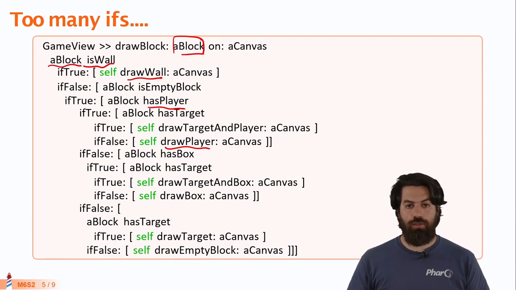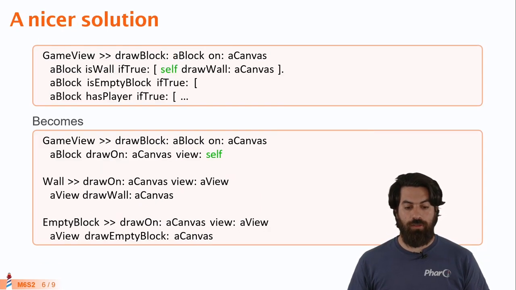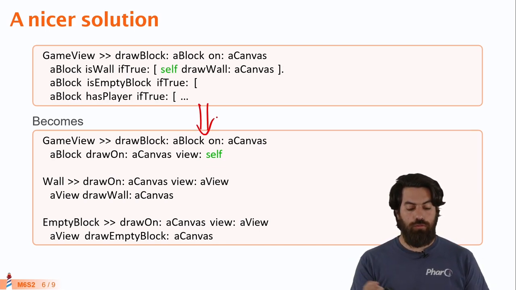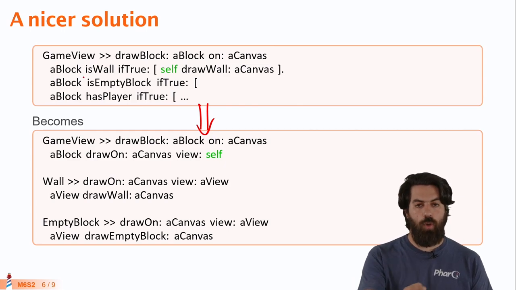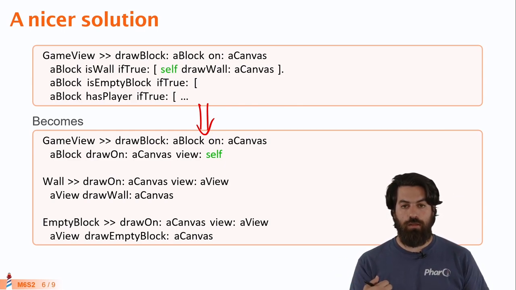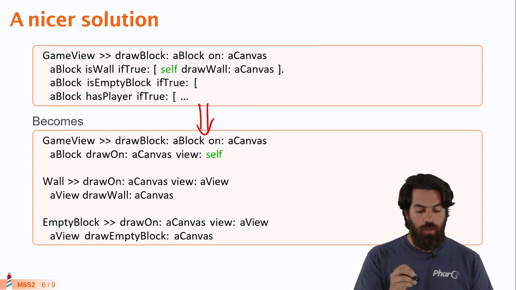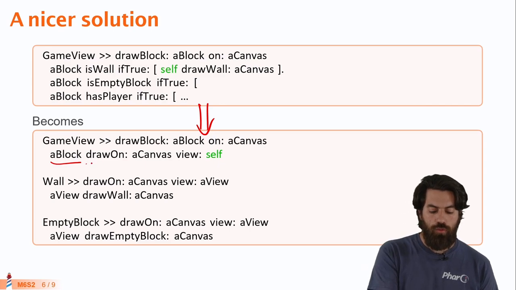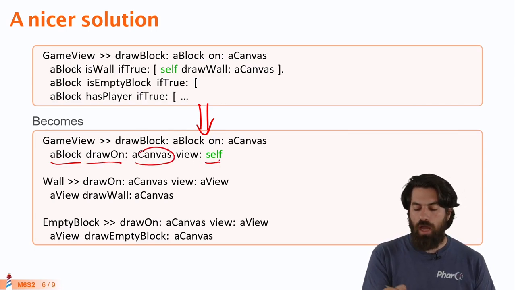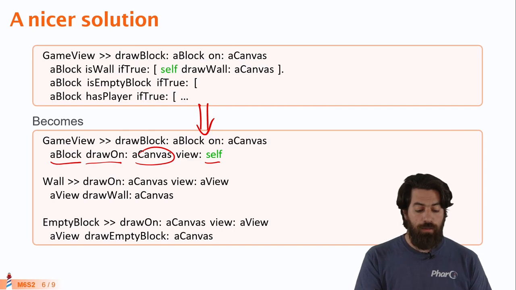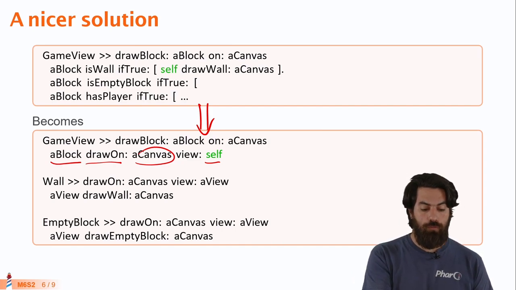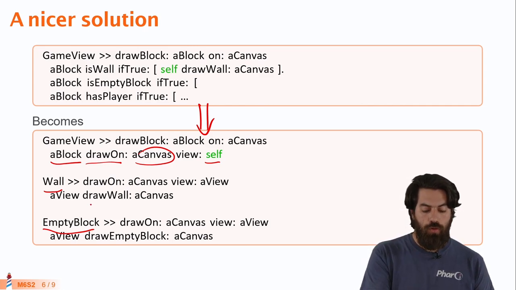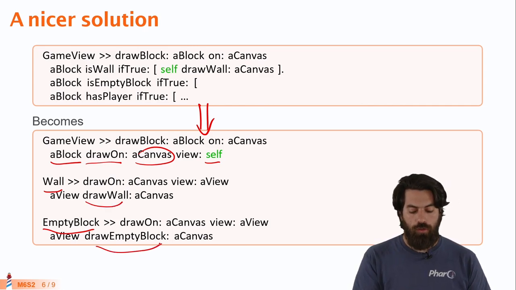If we wanted to implement this using double dispatch, one other way is to directly delegate to the block object. So instead of asking the block what it is and then deciding ourselves how to draw it, we can say, okay block, you know who you are, so draw yourself on this canvas, and I am the view. Then each kind of block, for example the wall or the empty block, can tell the view, okay, draw a wall or draw an empty block in this canvas.